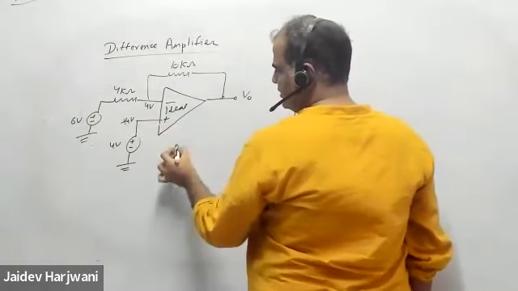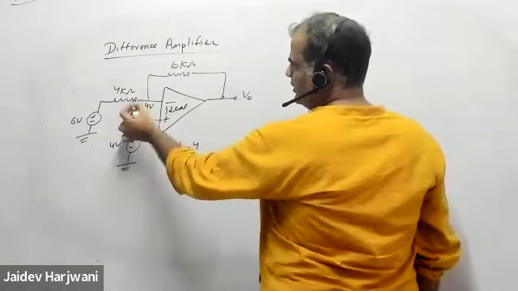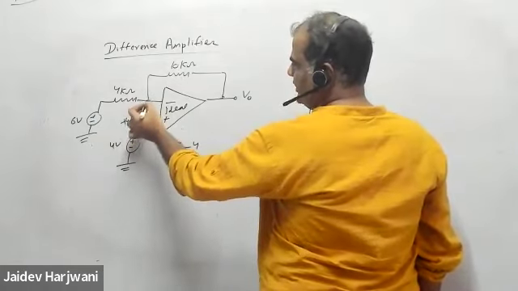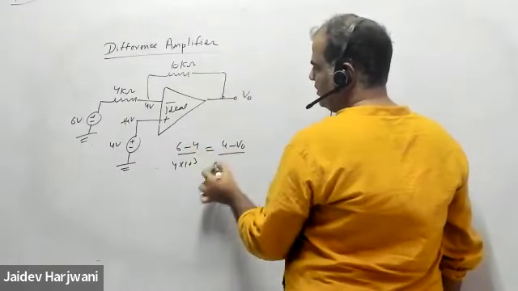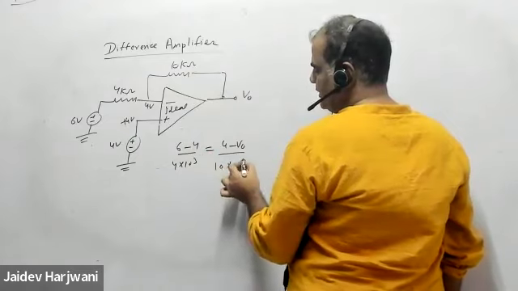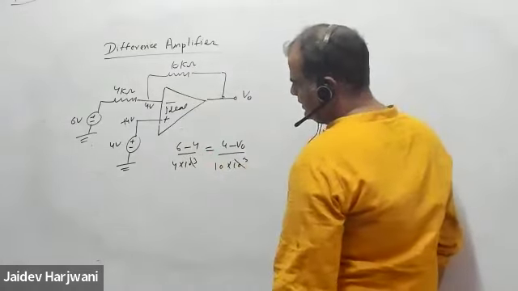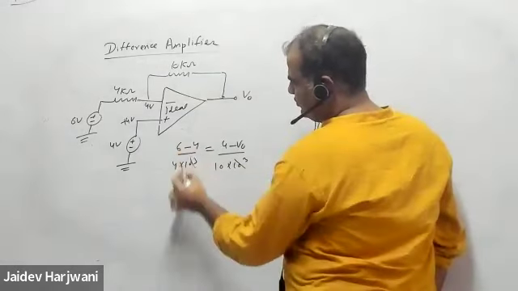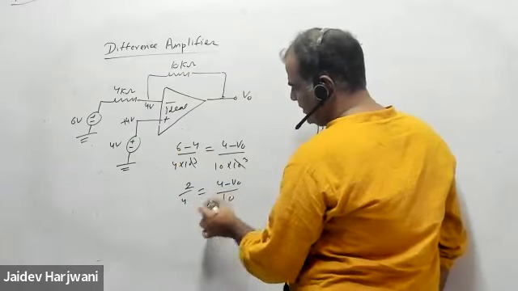6 minus 4 divided by 4 kilo ohm. Okay, current is not going here, so this is equal to 4 minus V naught upon 10 kilo ohm. This cancels out. So 6 minus 4 is 2 by 4, equal to 4 minus V naught upon 10.